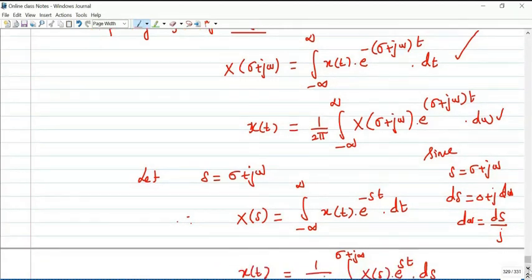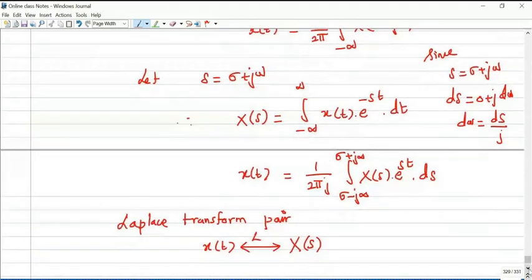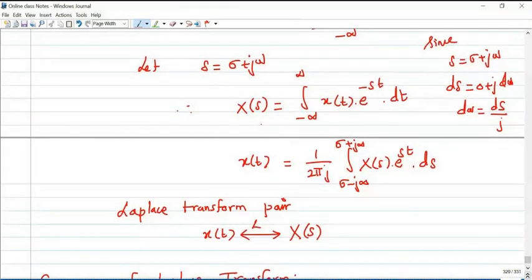The Laplace transform of a continuous time signal x of t is X of s equals integration from minus infinity to infinity of x of t e power minus s t dt. The inverse Laplace transform of given X of s is x of t equals 1 divided by 2 pi j integration of X of s e power s t ds.